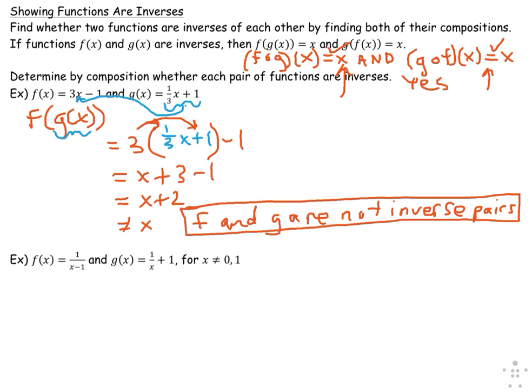For the next example, we'll start off again composing f with respect to g. So we'll take g of x's rule and substitute it in for the x in f of x. So this will substitute right in there.